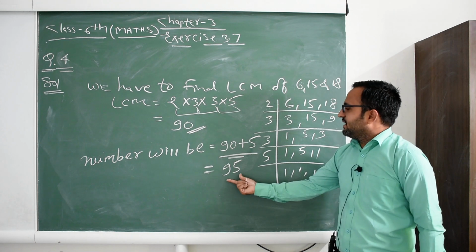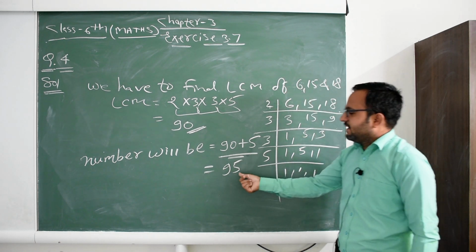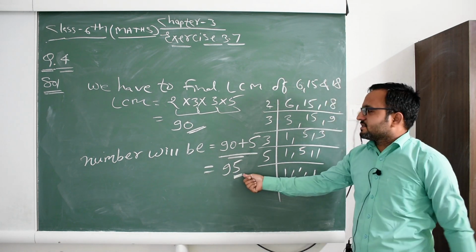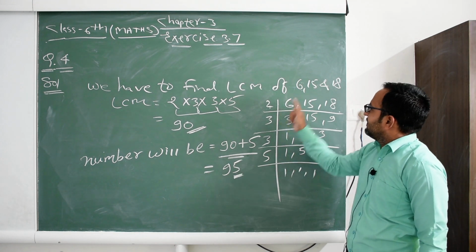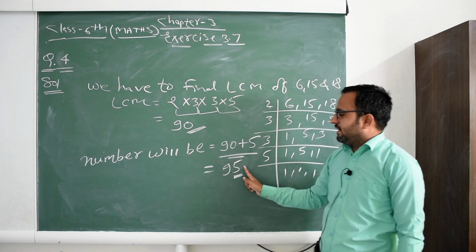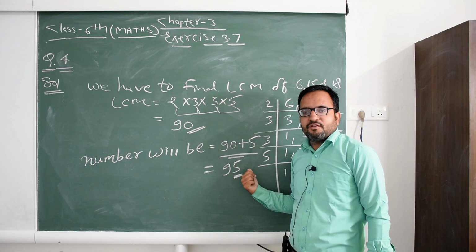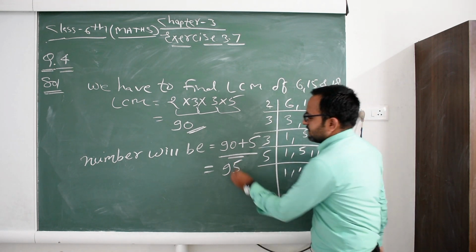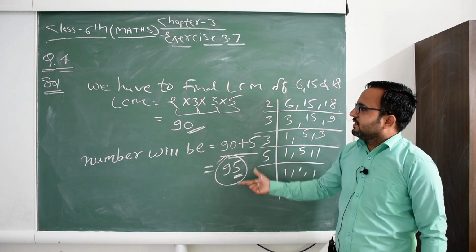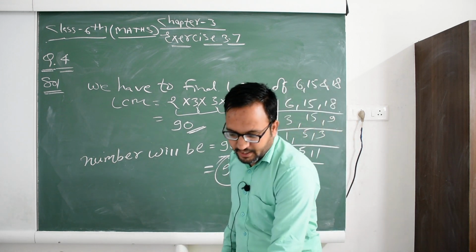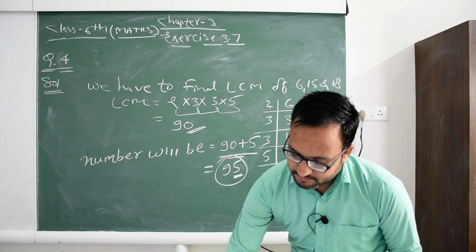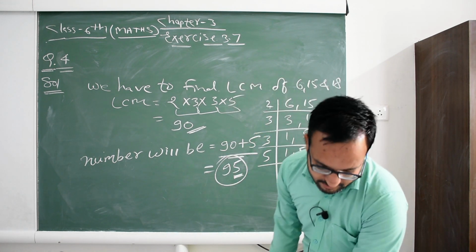When we divide 95 by 6, we get remainder 5. When we divide 95 by 15 and 18, again we get remainder 5. Okay, so 95 is your number. Okay, so this is question number 8. Okay, now question number 9.